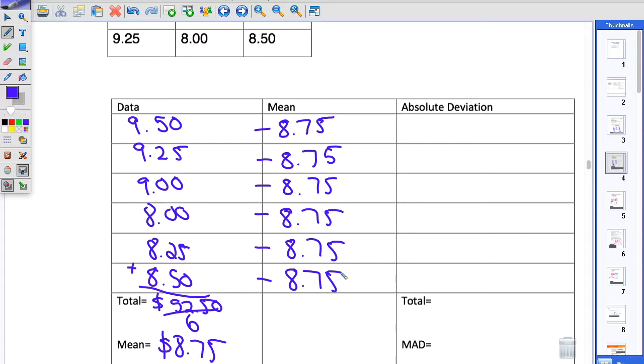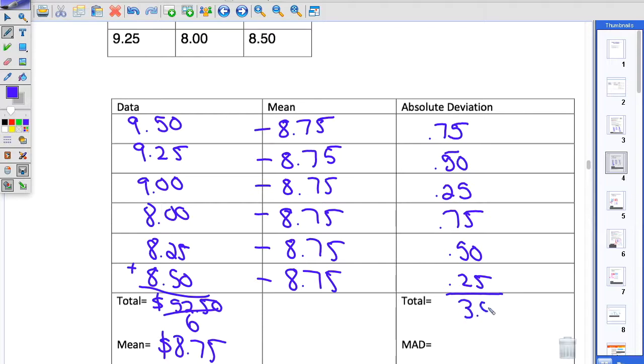So $9.50 minus $8.75 and take the absolute value. That gives us 75 cents. $9.25 minus $8.75, take the absolute value, 50 cents. $9 minus $8.75, take the absolute value, 25 cents. $8 minus $8.75, take the absolute value, 75 cents. $8.25 minus $8.75, take the absolute value, we get 50 cents. $8.50 minus $8.75, take the absolute value, it gives you 25 cents.